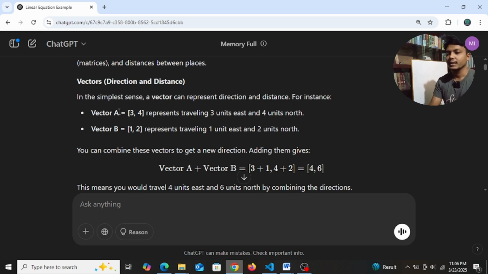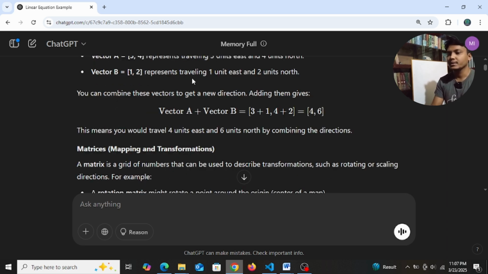Okay, so here vector a equals (3, 4) represents traveling 3 units east and 4 units north. So let's say wherever I'm sitting now, I traveled 3 kilometers east and 4 kilometers north. So there would be a specific point. Vector b (1, 2) represents traveling 1 unit east and 2 units north.